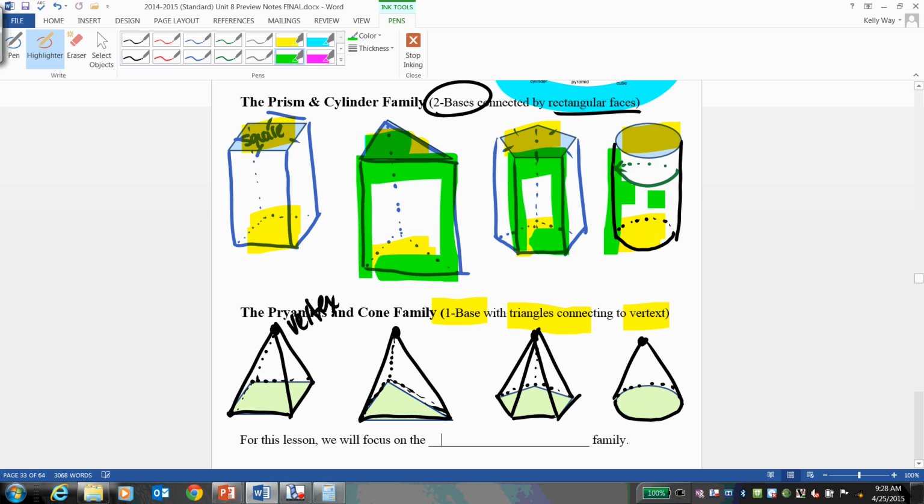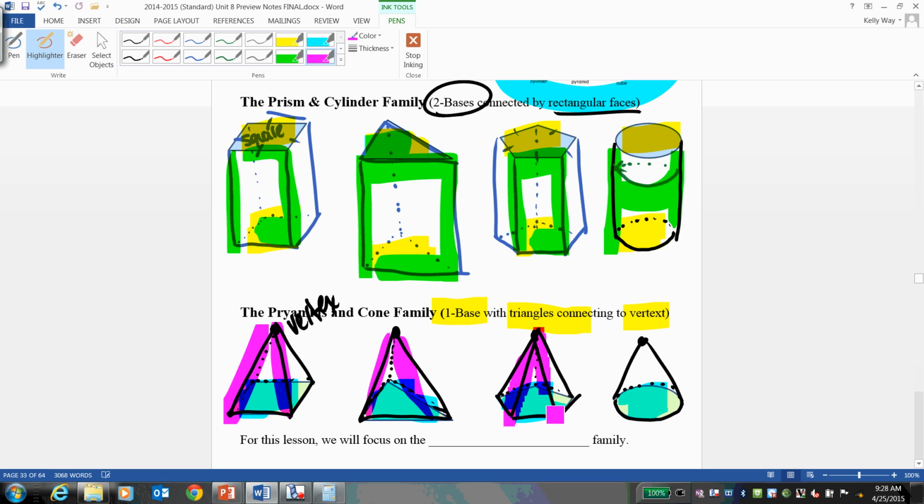Technically, this is one giant rectangle there. In pyramids and cones, you have one base connected by triangles of some sort. So for this lesson, we're going to stay focused on the first family, the prism and cylinder family.